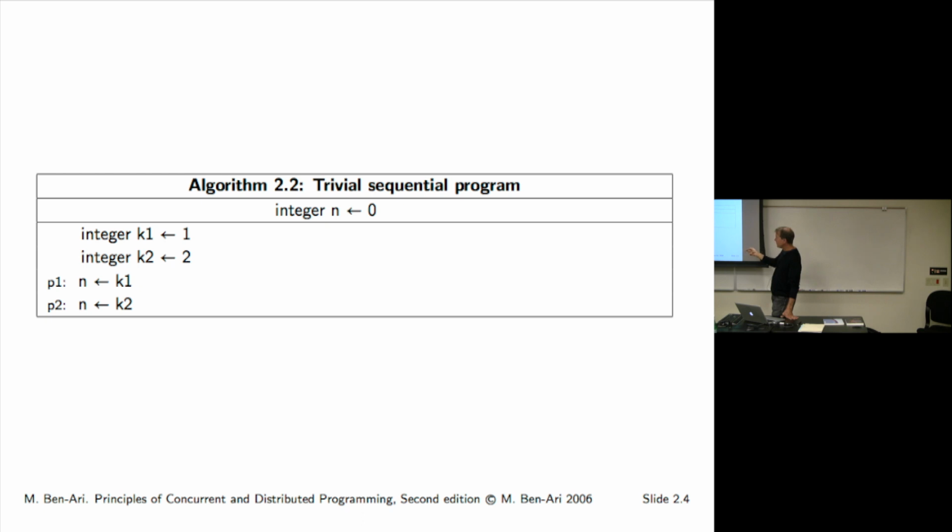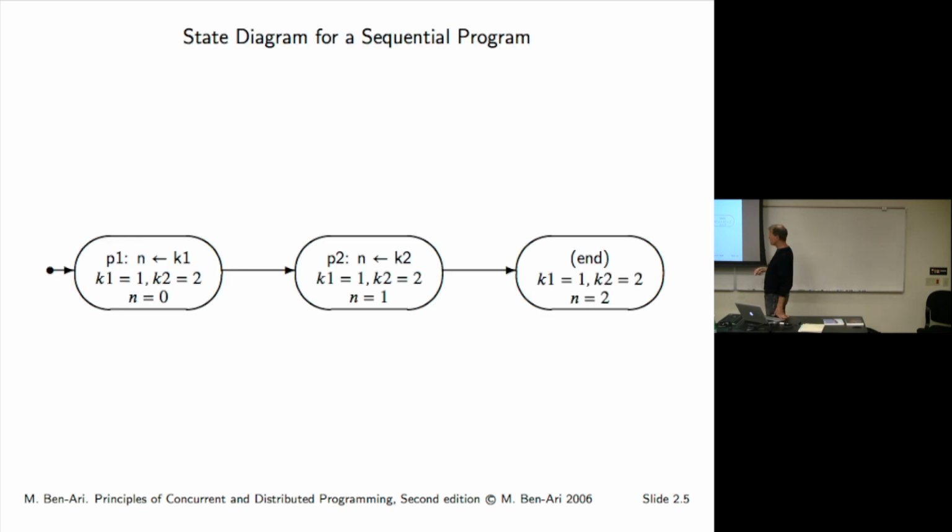The only reason for this trivial little program, with some initializations and only two statements, is to show what a state transition diagram looks like. Now check this out, you guys. We're going to do state transition diagrams, and we need to understand how they work. But those of you who are in computer systems know what state transition diagrams are, right?